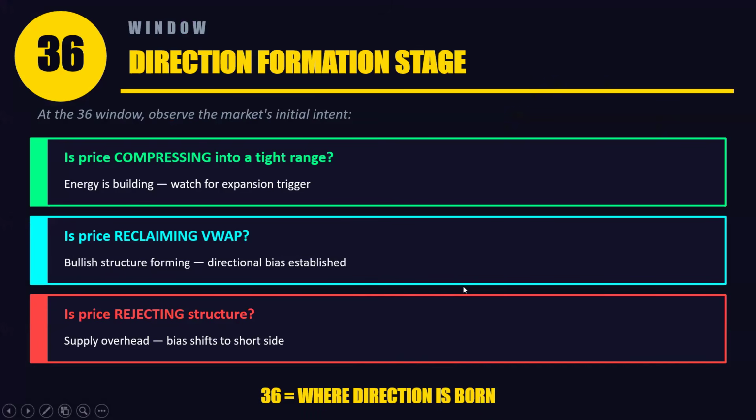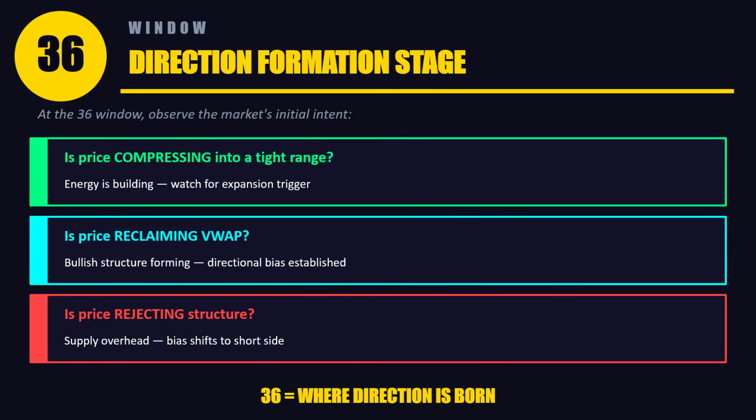So direction formation happens at the 36 window. Suppose it is forming at the bottom, observe the market's initial intent. You can make out if it starts with the 36 window and starts expanding beyond that, and you can do that with the Nalini precision indicator.